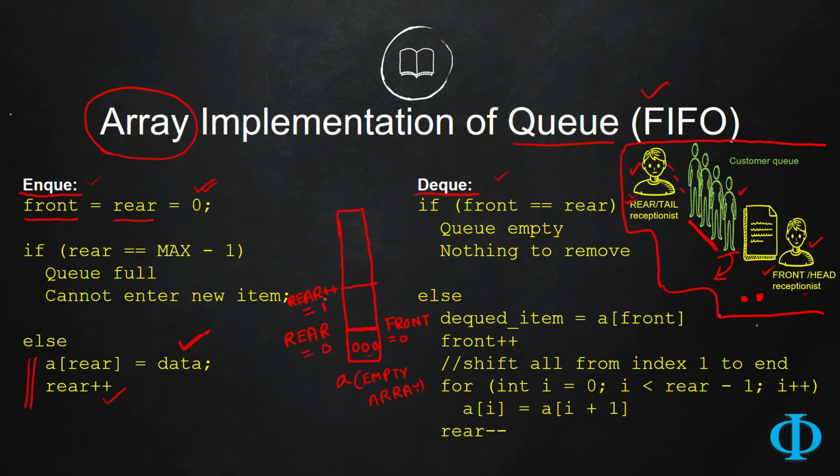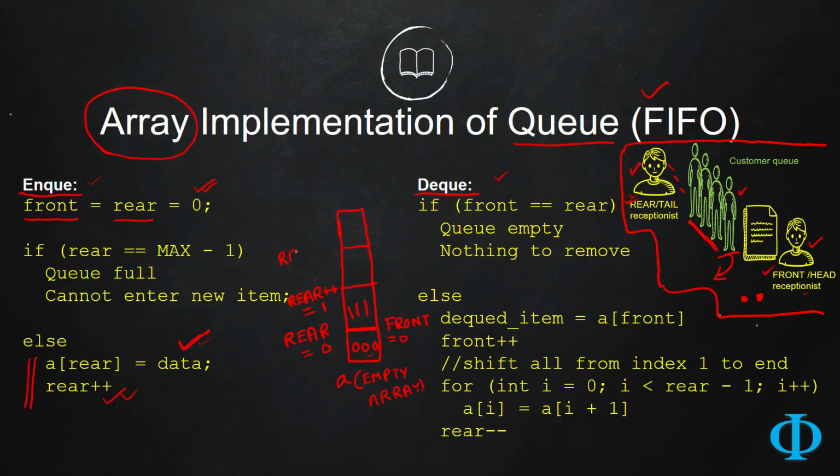Enter 000 and increment rear by 1. Next time when the next data item comes or the customer enters, what will happen? Let's say the next data item is 111. So I put it in the array, our queue, and then just increment the rear once again.